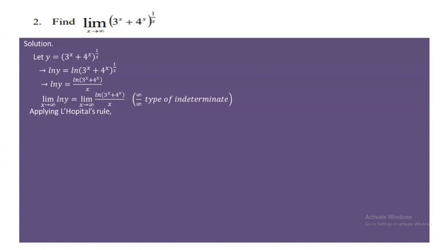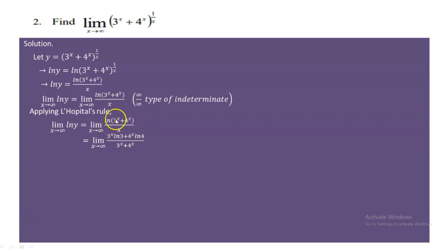So applying L'Hopital's rule, you can obtain this to be like this. The limit of ln y as x goes to infinity is equal to the limit of ln of (3^x + 4^x) over x. Now just apply L'Hopital's rule, try to differentiate the upper one.